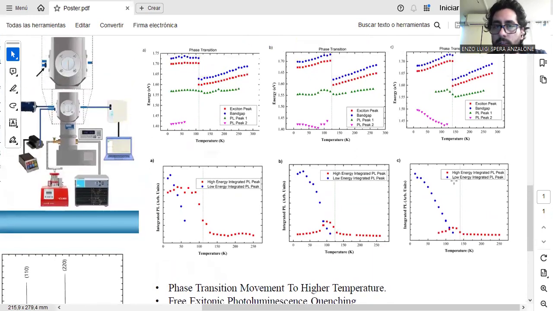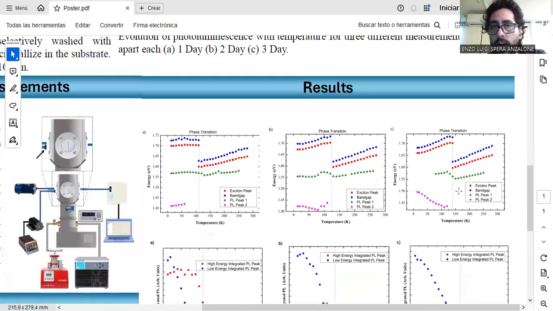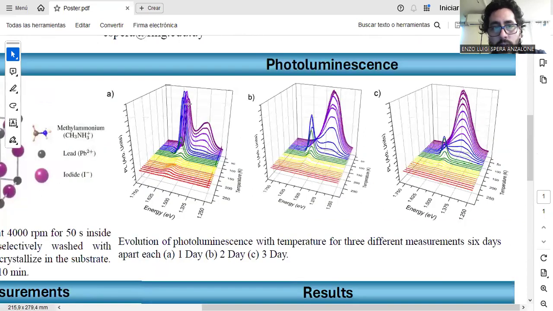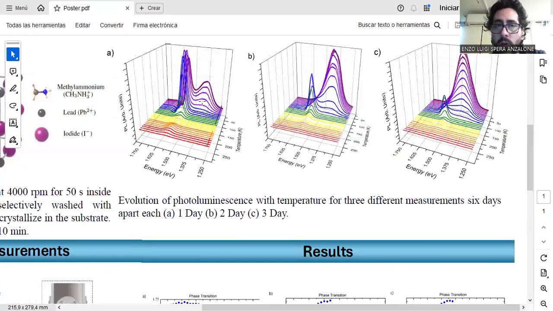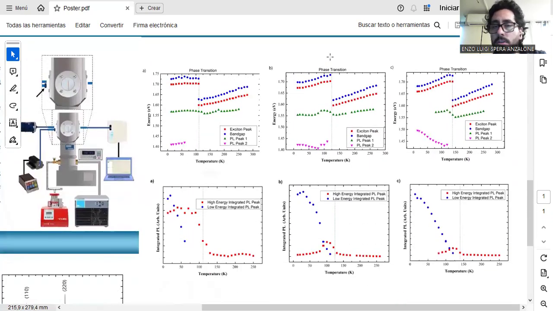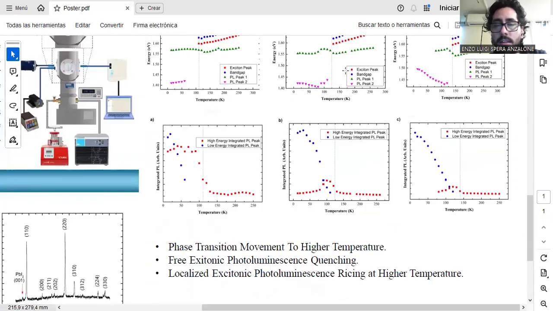We have seen that the high energy peak, which is this one, and this one, has a free excitonic behavior, but the lower energy peak has a localized exciton behavior that indicates that the excitons are becoming more and more trapped as the degradation process advances. This is probably associated with the generation of vacancies.